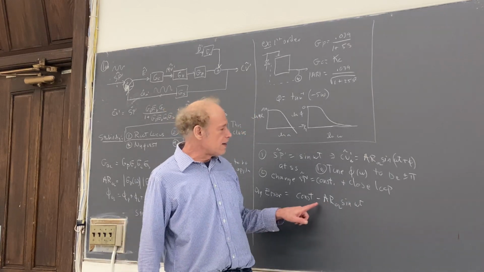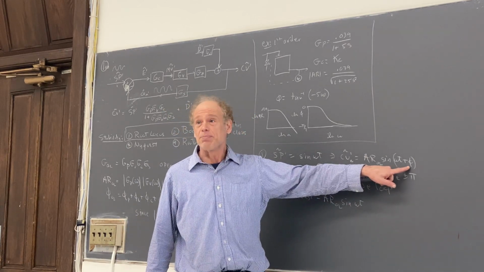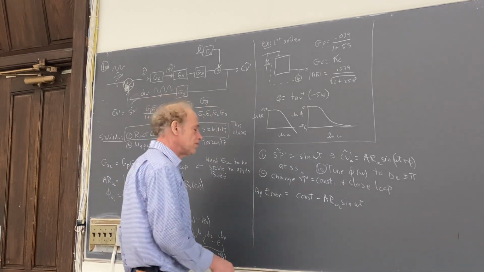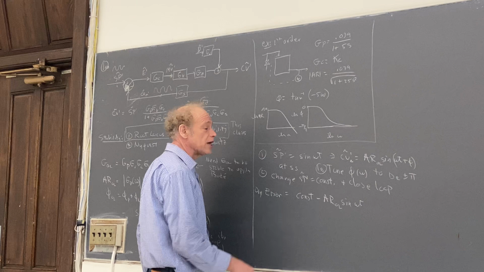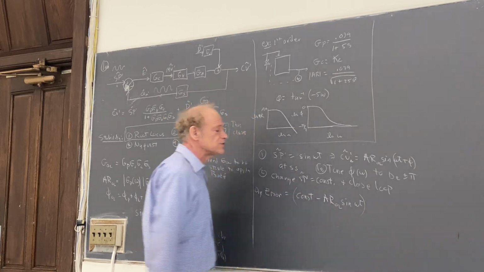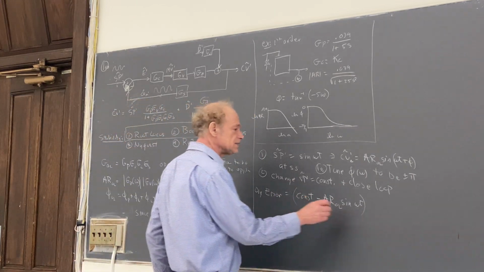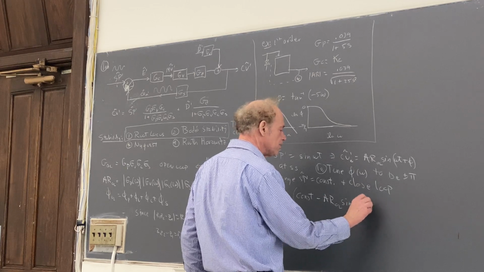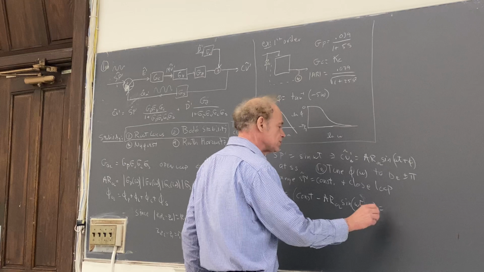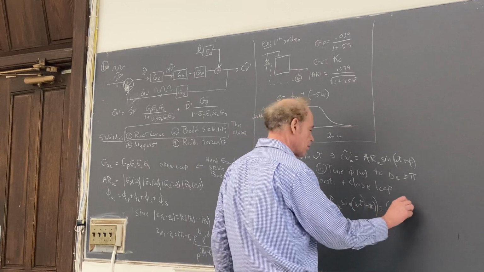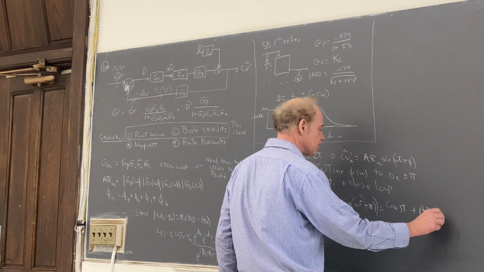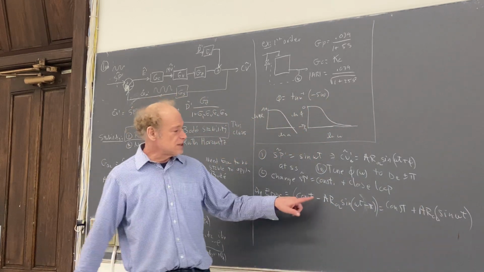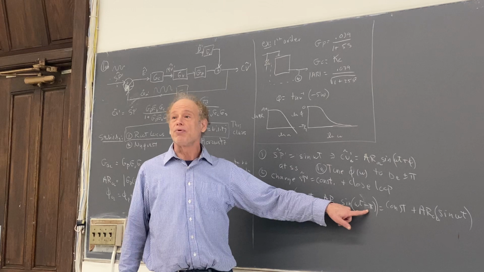The reason is that the minus cancels the pi. And now every time through the loop, I get multiplied. Actually, it's minus sine omega t plus pi, or minus pi, which is equal to the constant plus AR open loop sine omega t.